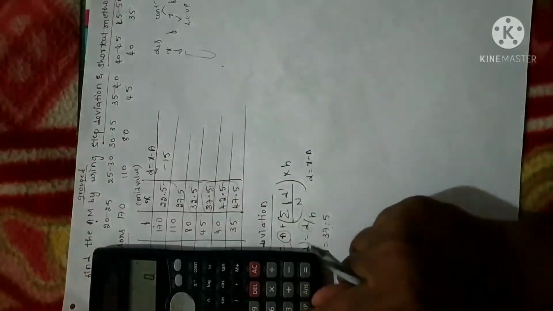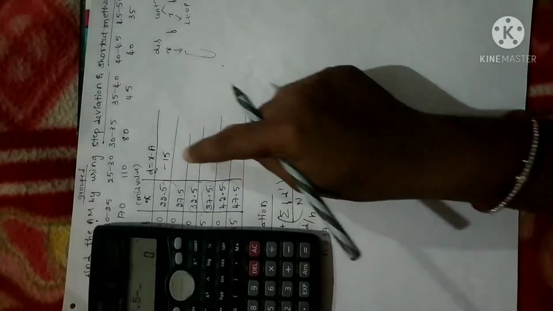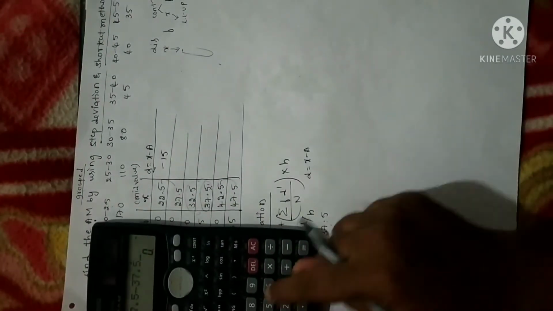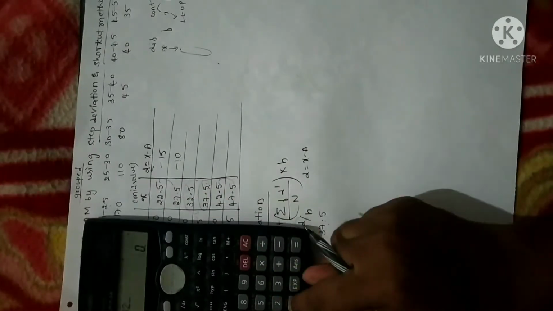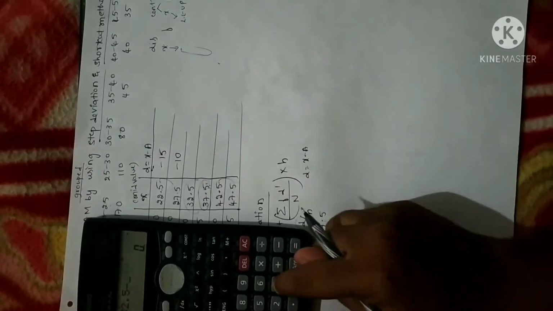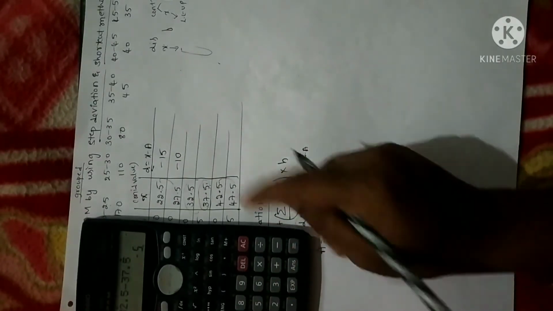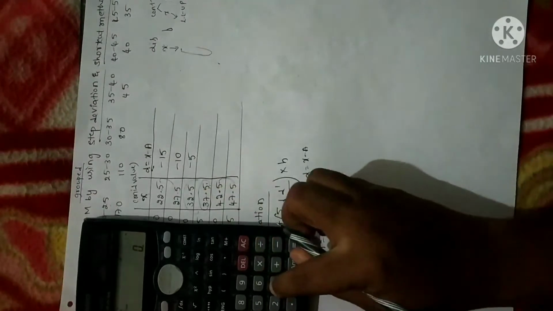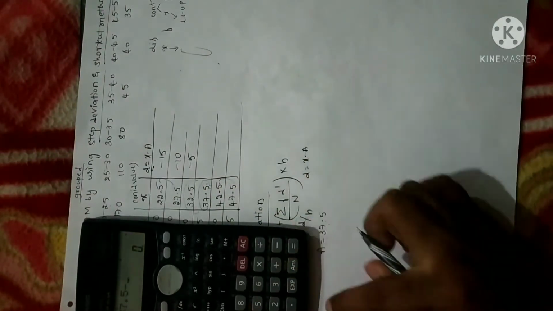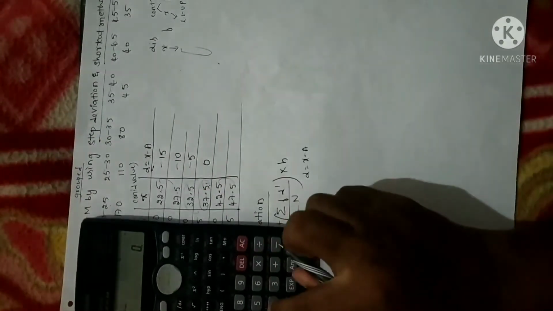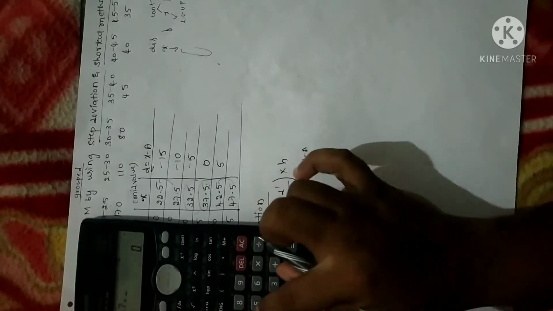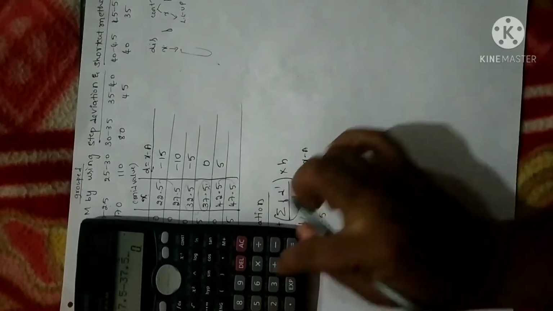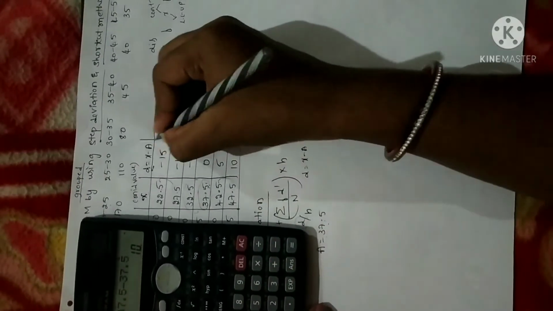Similarly, X is 27.5 minus A is 37.5, so minus 10. Similarly, X is 32.5 minus 37.5, minus 5. Again 37.5 minus 37.5 is 0. 42.5 minus 37.5, 5. 47.5 minus 37.5, that will give us 10. Fine, so I have calculated D value.